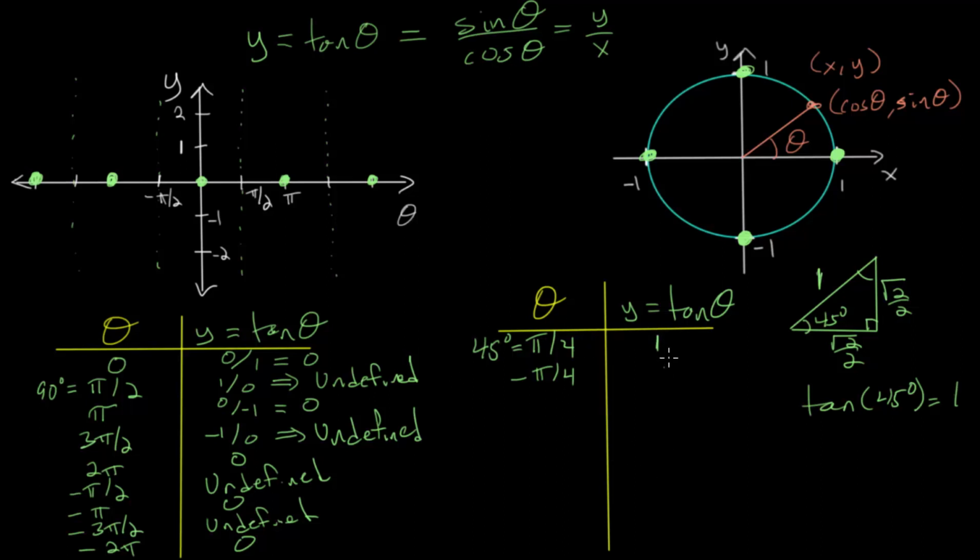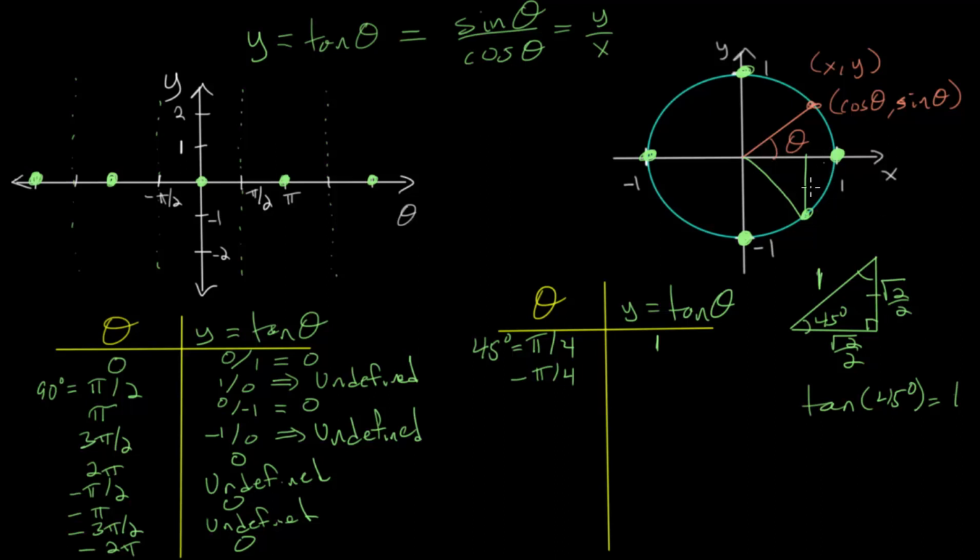So at pi over 4, we get 1, and at minus pi over 4, that would just construct this right triangle down here at about that point. The values for the triangle would be the same, but the y value will be in the opposite direction, meaning this would be negative.